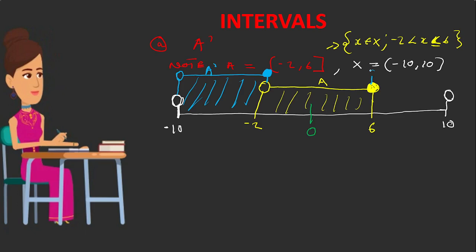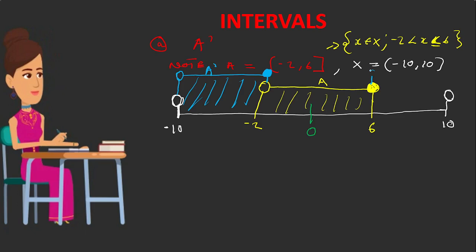According to A, -2 is not part of A. According to the interval of A here, -2 is not part of A. As a result, when looking for members which are not in A, -2 is part of A complement.